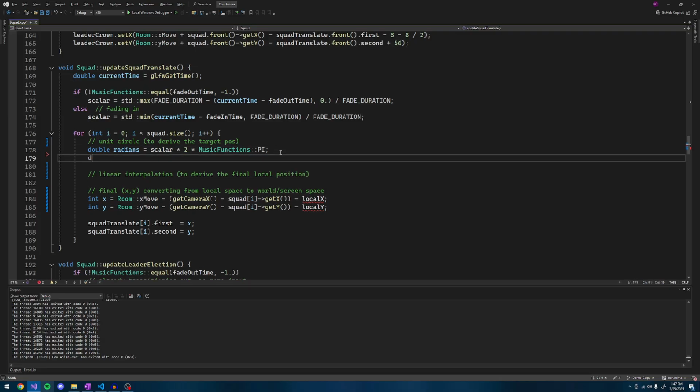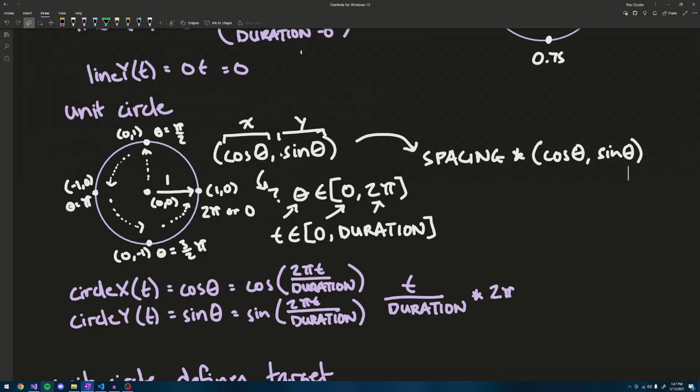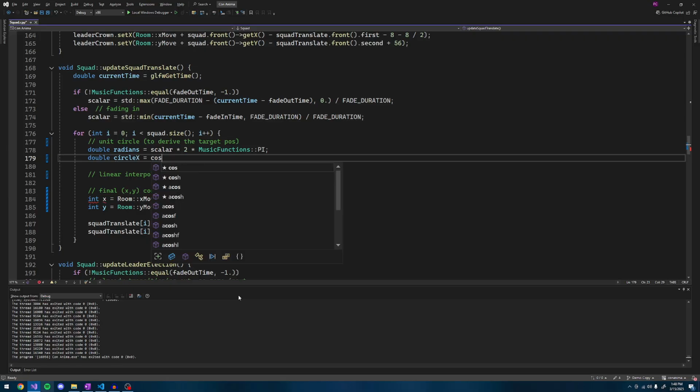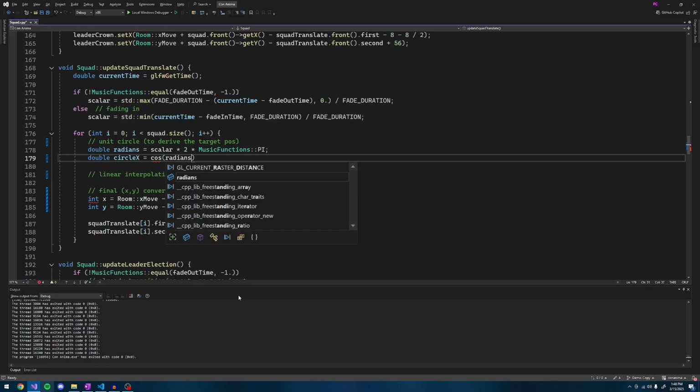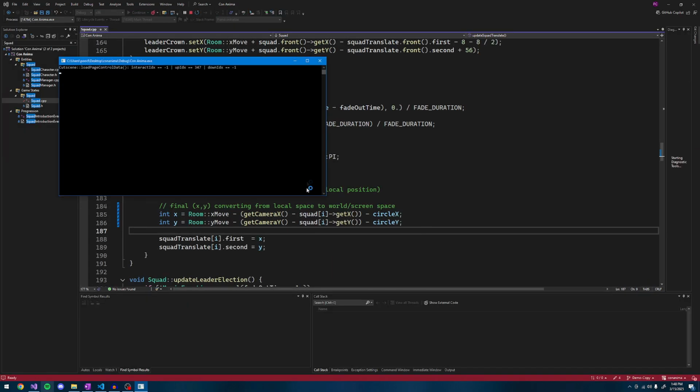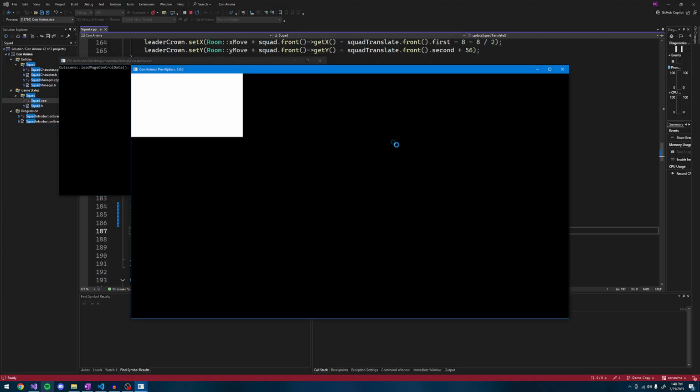Now, if we then use our functions here, we can say that circle x is equal to cosine of radians, and that circle y is sine of radians. Now we can plug this into our final equation here for the final calculations. You can see that we will go in a circle.